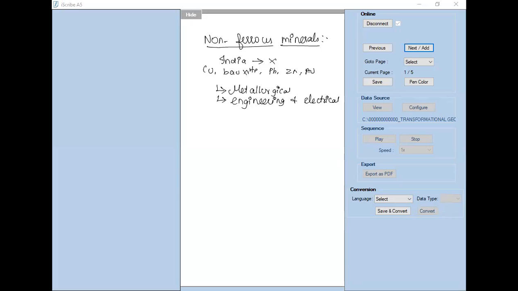Yes, sir. So among non-ferrous minerals, first we have to see copper. India doesn't have enough copper. What are the properties of copper? Malleable. Do you know what is malleable? It can be beaten into any shape. Ductile: it can be made into thin wires. And a good conductor of electricity and heat.